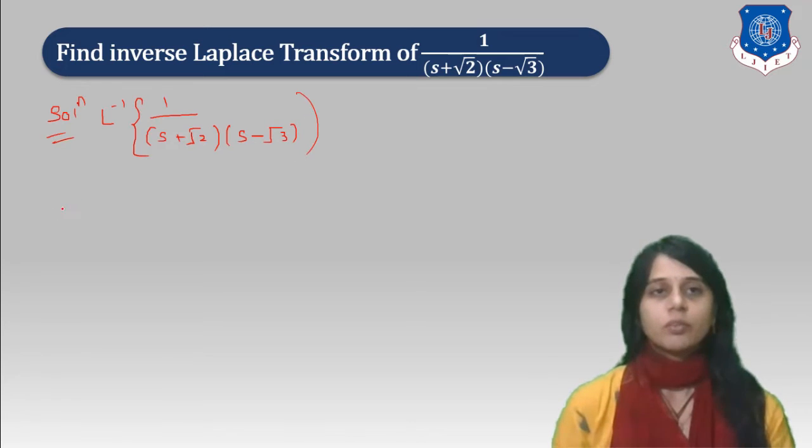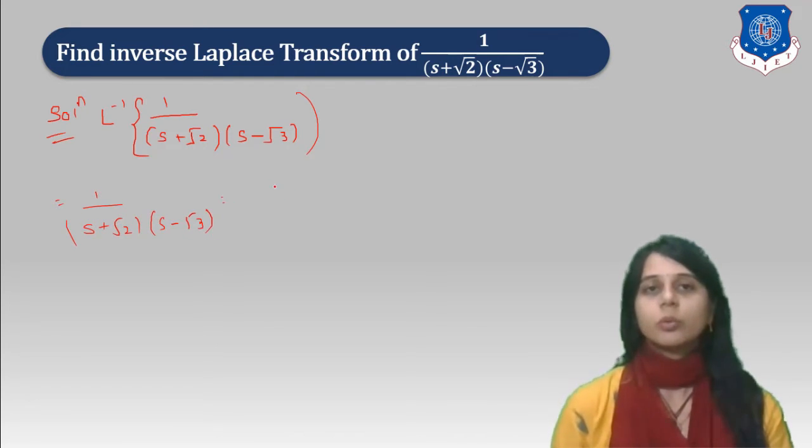We take 1 upon (s plus root 2)(s minus root 3) equal to A upon s plus root 2 plus B upon s minus root 3.